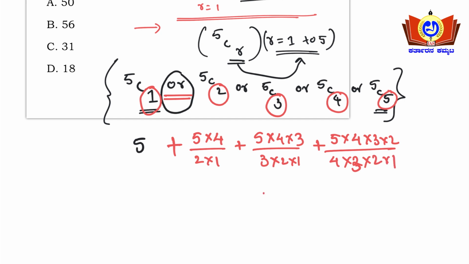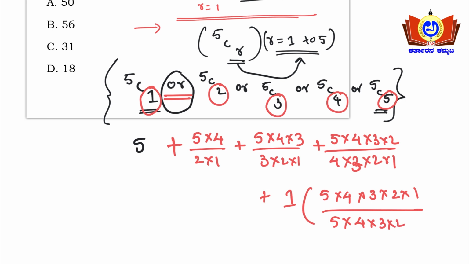Okay, then plus 5 should be reduced 5 times. Okay, 5C5 is nothing but 1. Why 1? Because 5 should be reduced 5 times. See here, 5 into 4 into 3 into 2 into 1 upon 5 into 4 into 3 into 2 into 1. So upon cancellation you will be getting 1 here.